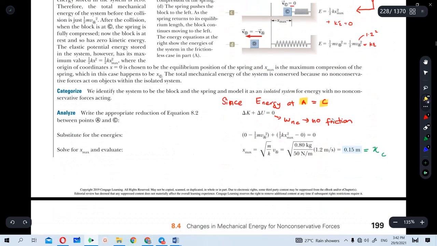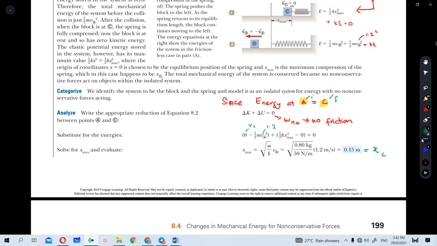Okay. Now if you are using this technique, this is how you substitute. So when it is at C, notice that this is final. This is initial. So notice that v at C is 0, indicating kinetic energy 0. And at A just now is 1.2 meter per second. And then final compression.